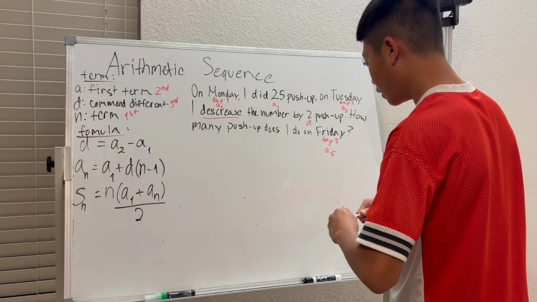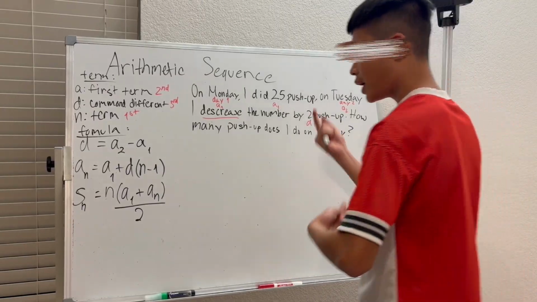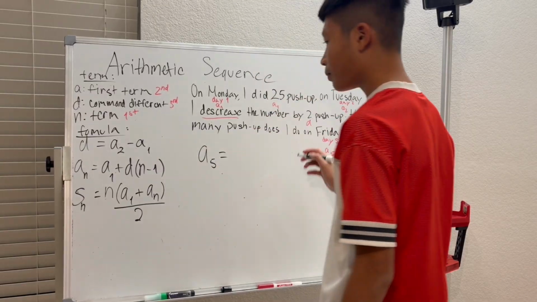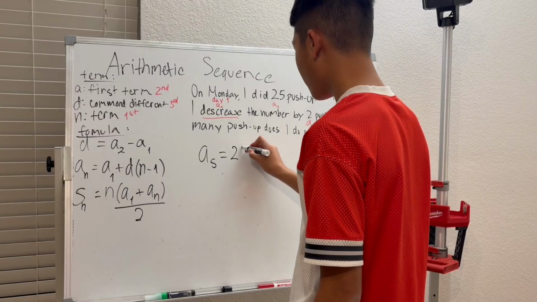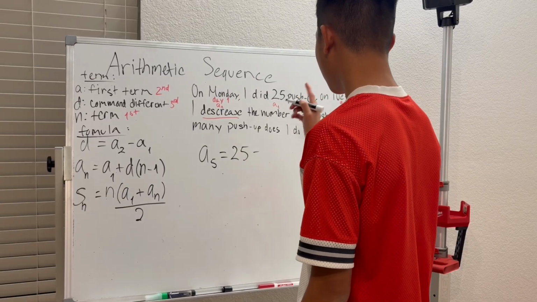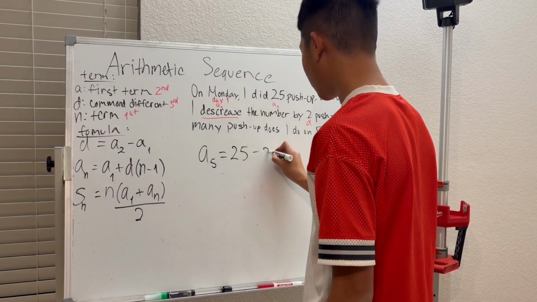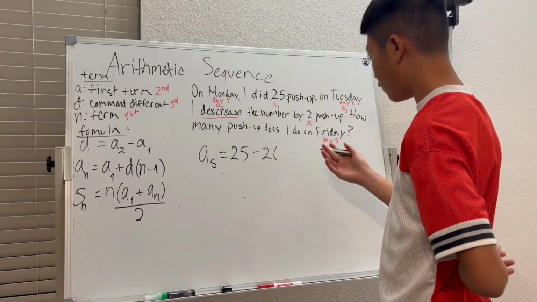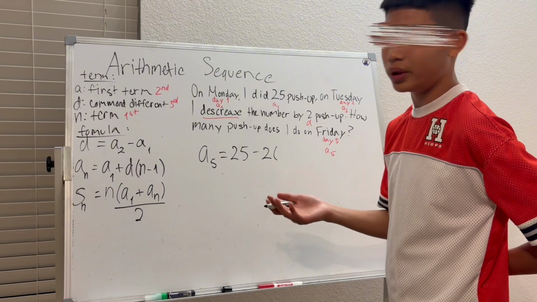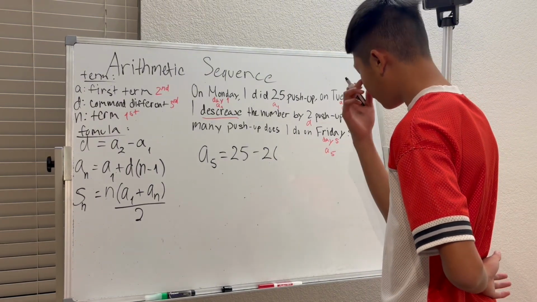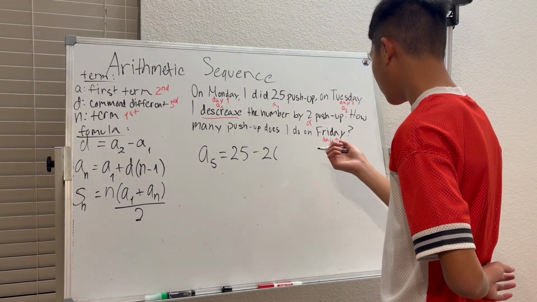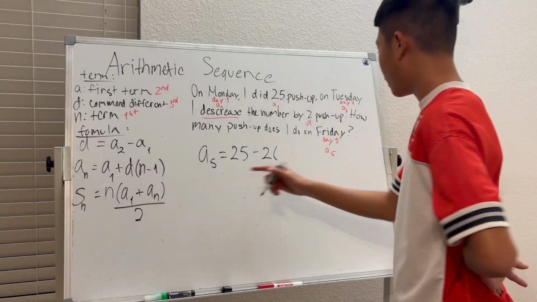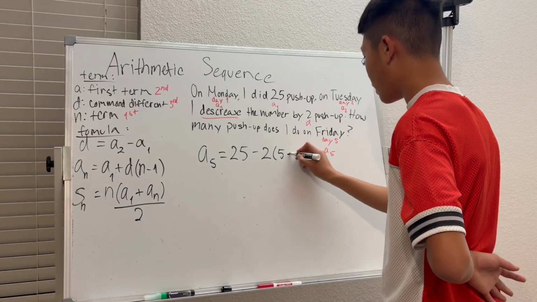We plug in the formula. A sub 5 is a sub 1, which is 25, minus the common difference 2 times the 5th day minus 1.